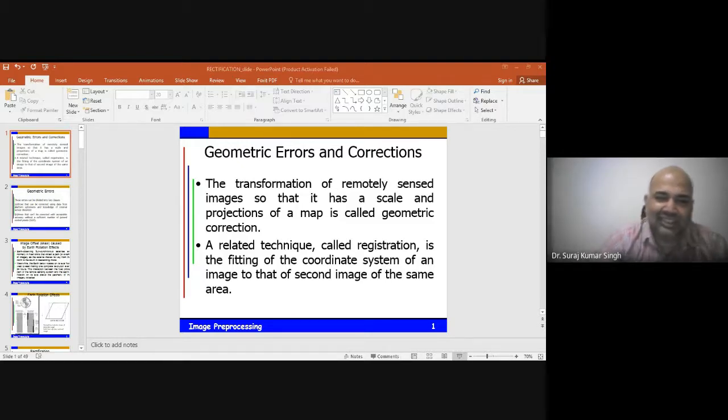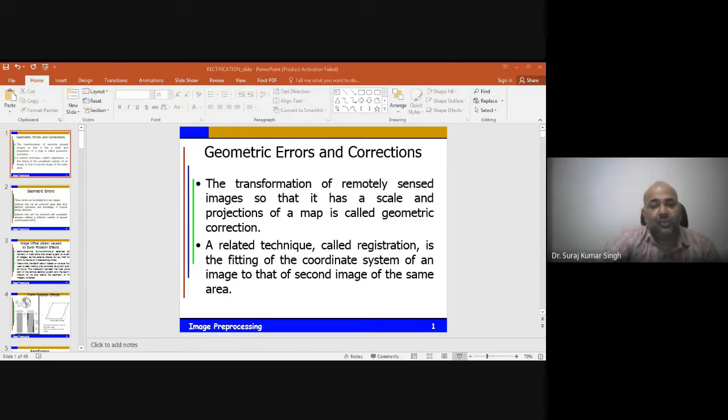So 5 to 6 centimeters of error is acceptable. You can see this is the acceptable RMS error: if this is the real position and your map is coming towards this, then that is more than the error. But if it is beneath the pixel, if the position varies within it, that can be accepted.